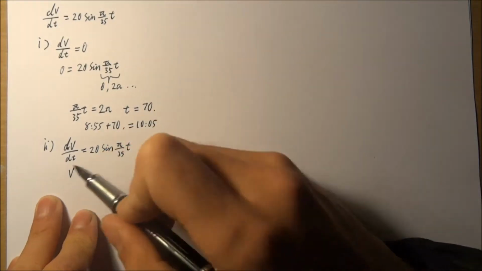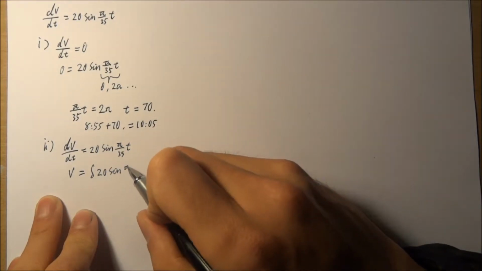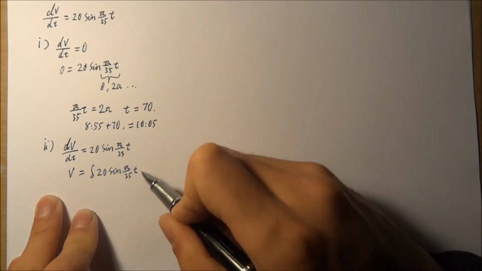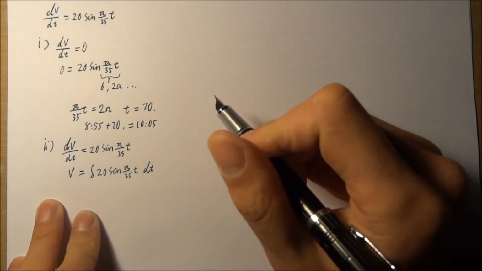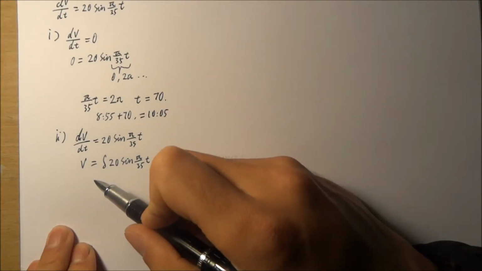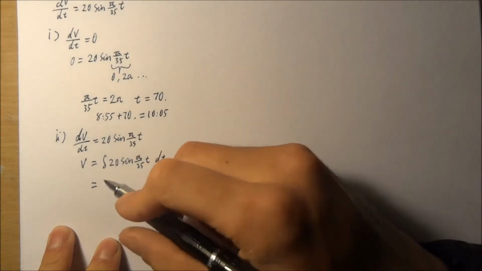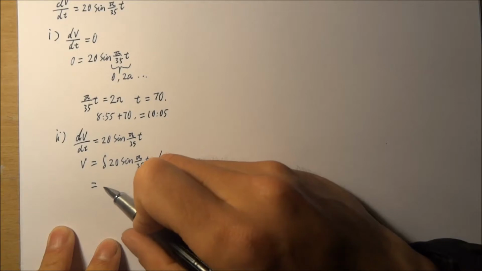So volume equals the integration of 20 sine(pi over 35 t) with respect to time. So some basic integration of trigonometric functions.